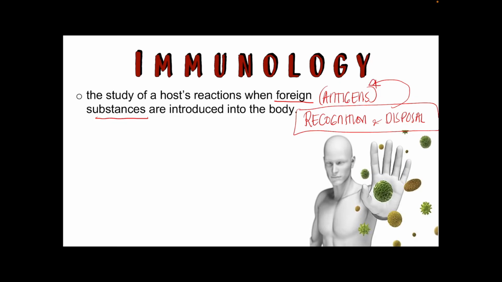In short, it deals with the body components, how they respond, how they interact, and the undesirable consequences of these immune interactions. It could also be a study of how our immune system can be manipulated to protect us against certain diseases.